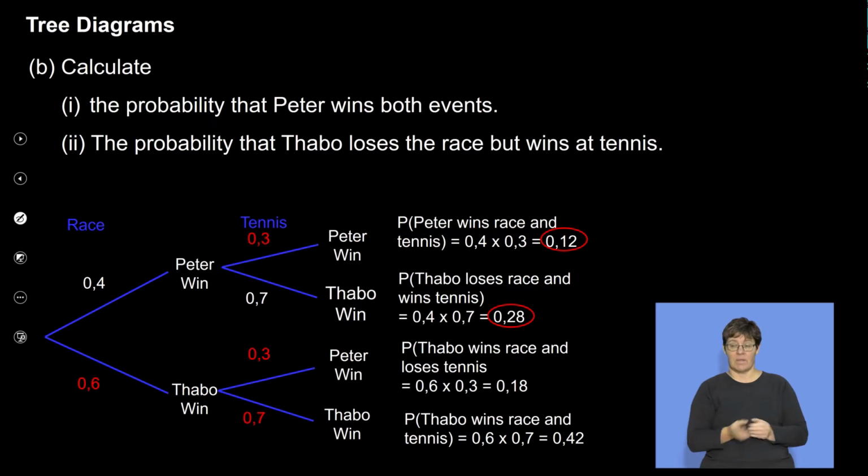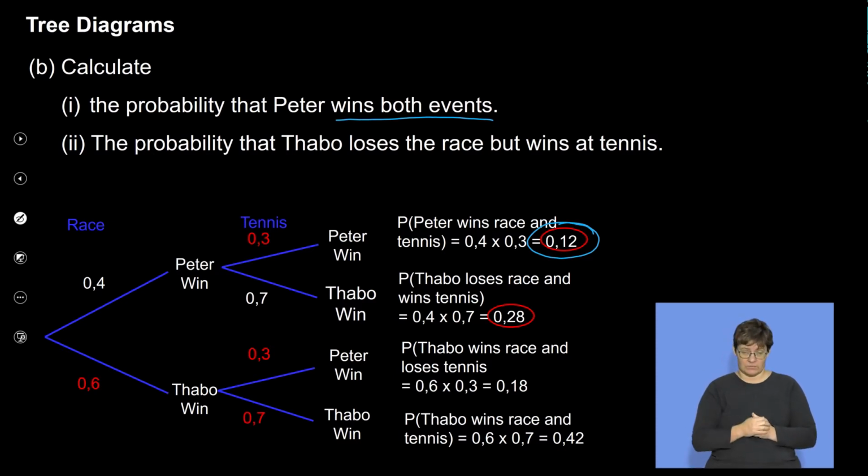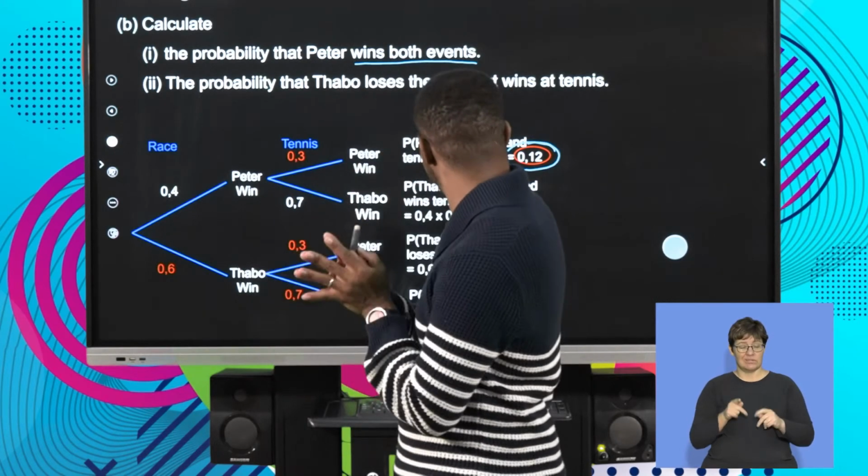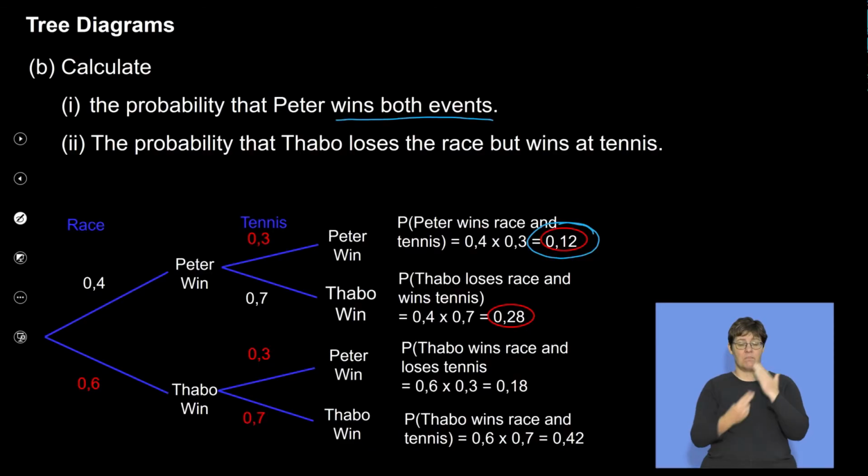So this is what we get. Our probability that Peter wins both events: Peter wins a race and tennis, we get 0.12, which is 12%. That's the chance that Peter will win both events. But what about the probability that Thabo loses a race but wins tennis?